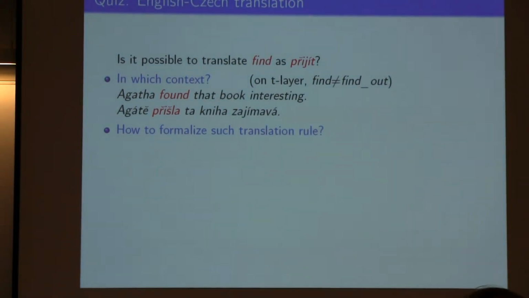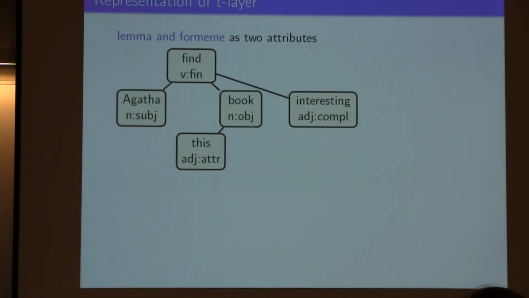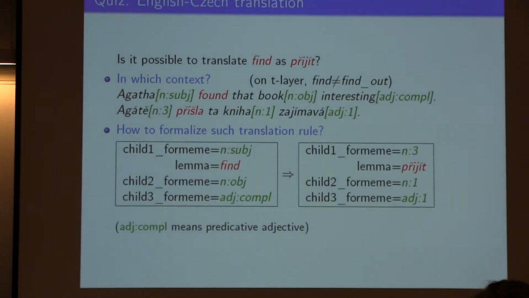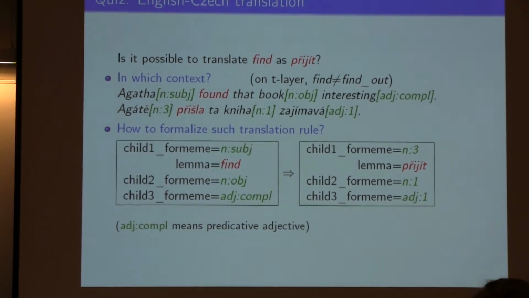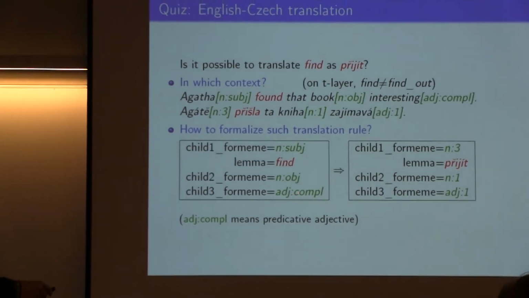That only in that context, yes. If we want just to translate find as přijít, probably only the complement child is okay. We actually don't need to know the lemma, interesting. It could be find it green or whatever. So only the formeme is important here.